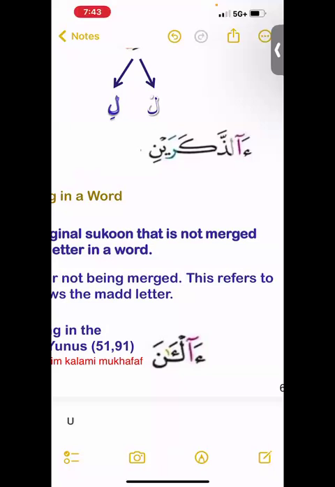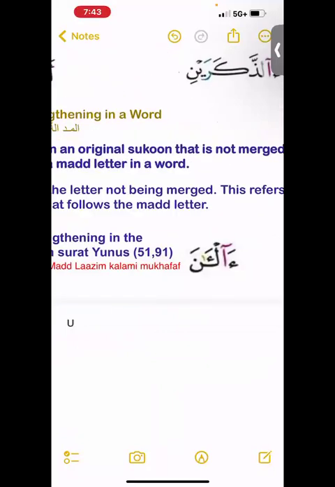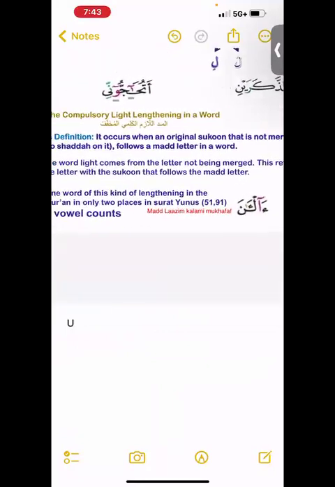So when you look at this word, you will not say this is mad badal, because mad kalami muthaqqal has more precedence, more priority than mad badal. So that's the reason why they call this mad kalami muthaqqal. They will not call it mad badal. Though you see the word starting with a hamza followed by alif, this is called mad kalami muthaqqal. Okay, keep that in mind, inshallah. This is one of the words which you will not call mad badal. You will call it mad kalami muthaqqal.